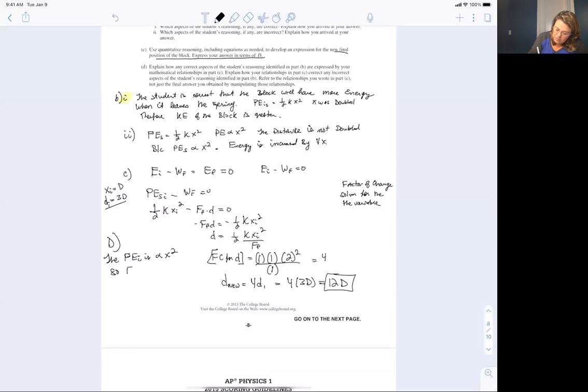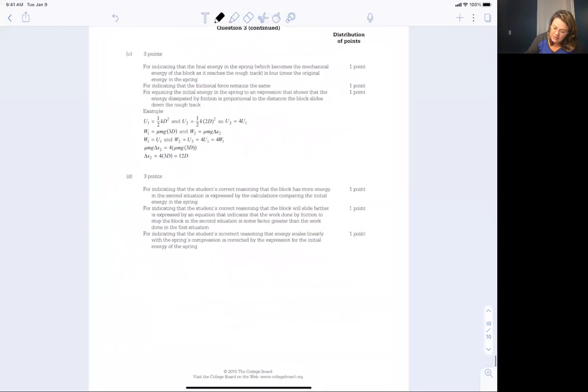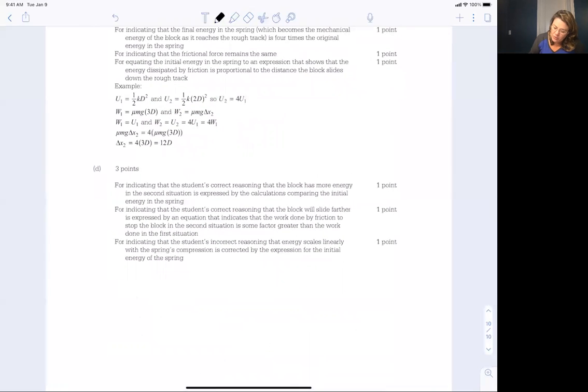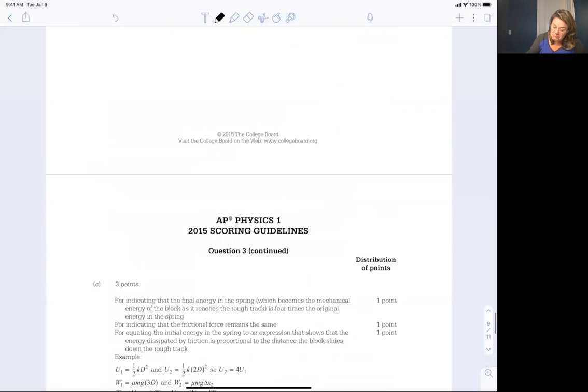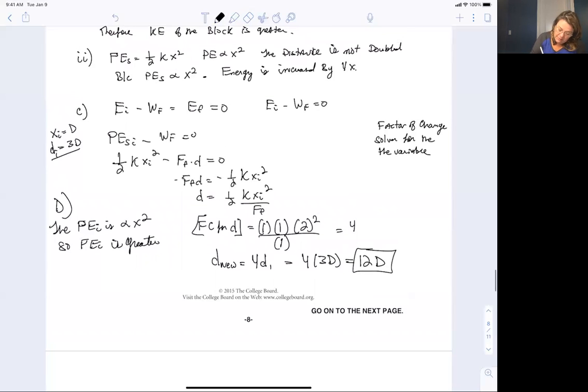So potential energy initial is greater. Let's see if that would have got the points, for indicating the student's correct reasoning that the block has more energy in the second situation, expressed by the calculations comparing the initial energy of the spring. I don't know. This is where it gets grave for me.